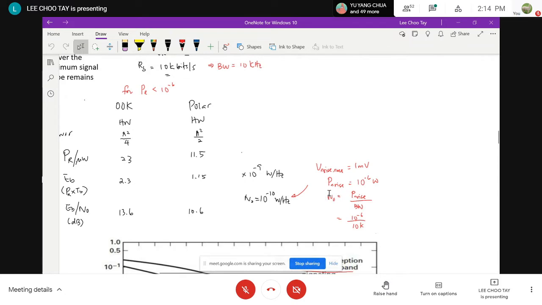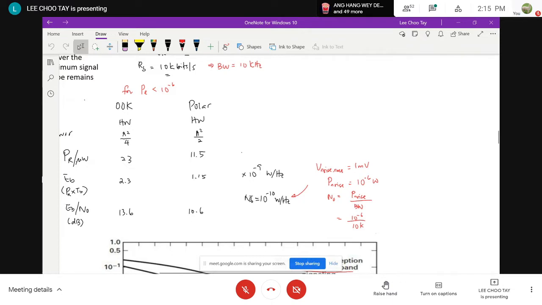N naught is actually the power spectral density and is computed by taking the power of noise divided by the bandwidth. With the bandwidth of 10 kilohertz here, our N naught will be 10 to the power of minus 10 watt per hertz.